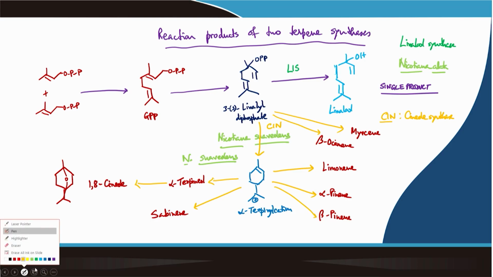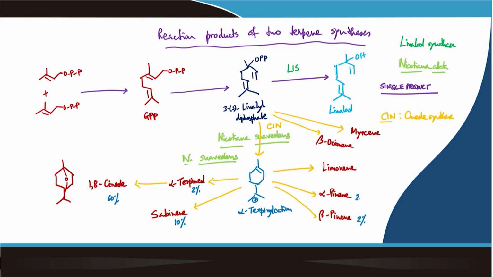Now, let me tell you the percentages of different product formation. For example, it produces 60% cineol, only 2% terpineol, 10% sabinene, 2% beta pinene, 2% alpha pinene, 10% limonene, 2% ocimene, and 10% myrcene.